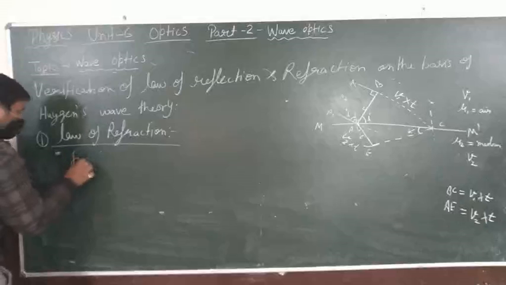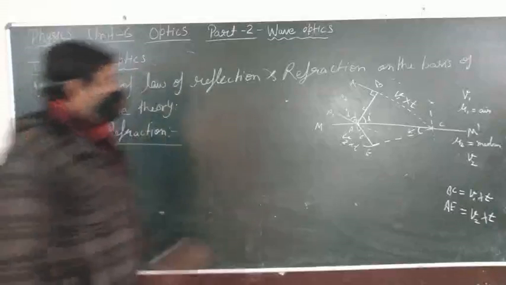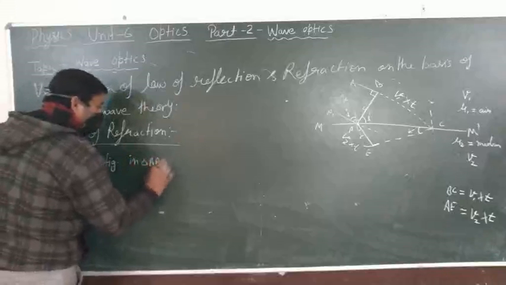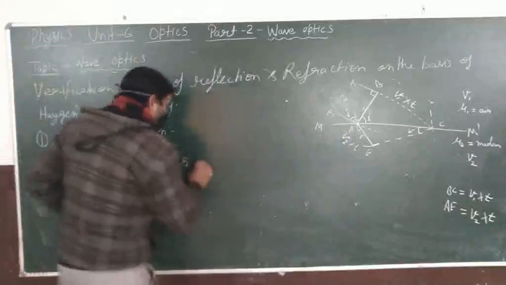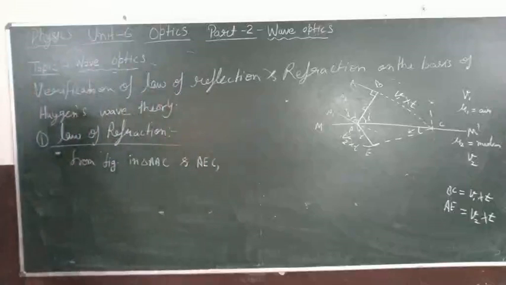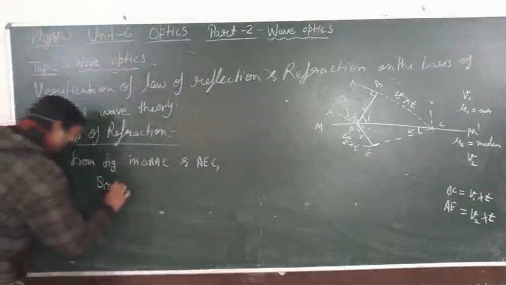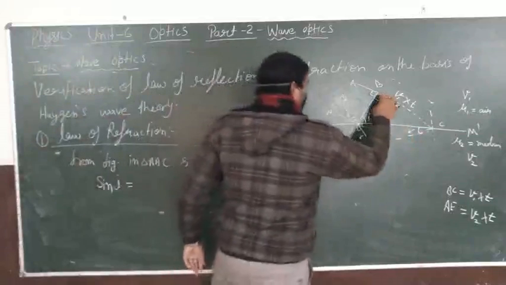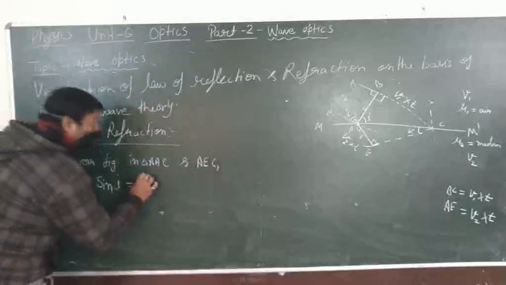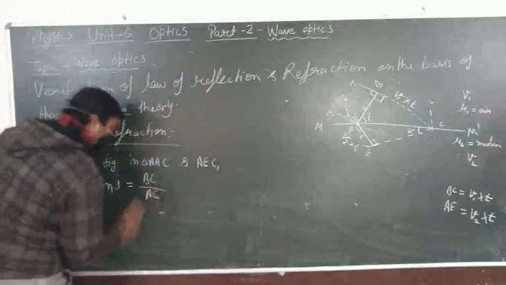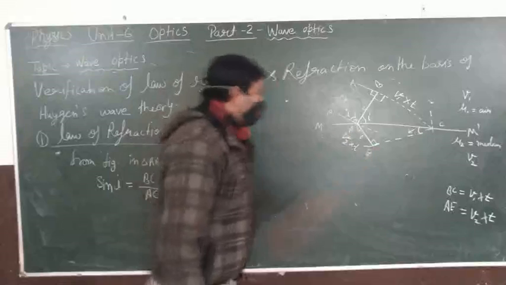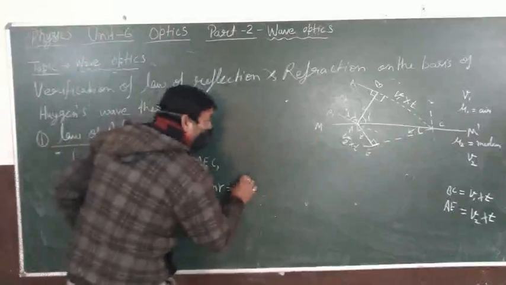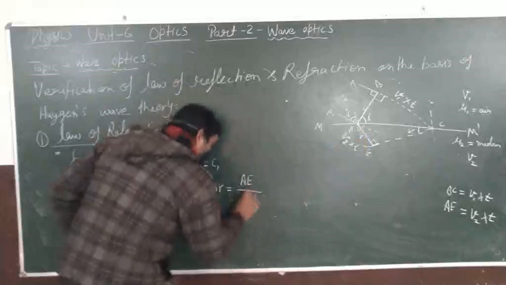Now from the figure, in triangles ABC and AEC, we have sine of angle I equal to perpendicular BC over hypotenuse AC, and sine R is equal to AE upon hypotenuse AC.